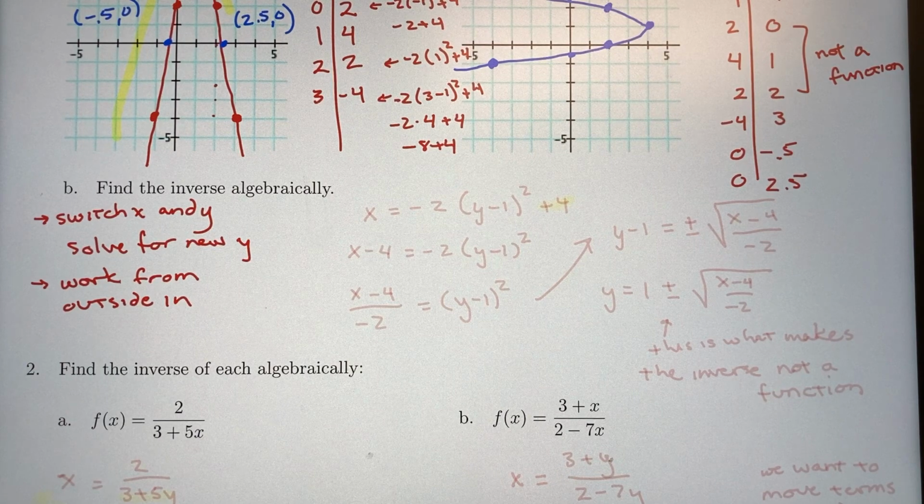Okay, so let's actually do that. So the first step is to switch the x and the y. So instead of y equals negative 2 times y minus 1 squared plus 4, we have x equals negative 2 times y minus 1 squared plus 4. Okay, solving for y, what's the first thing to go? The furthest away on the right side with the y's is the plus 4. So I subtract 4. Then I'll divide by negative 2.